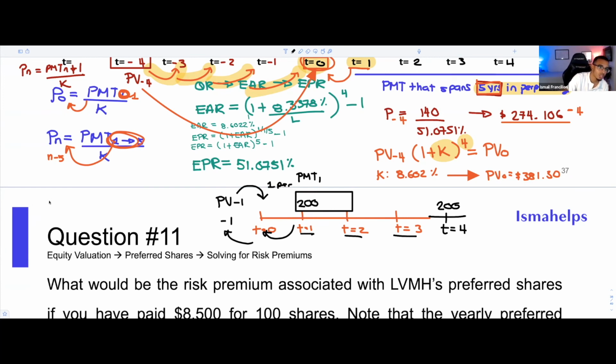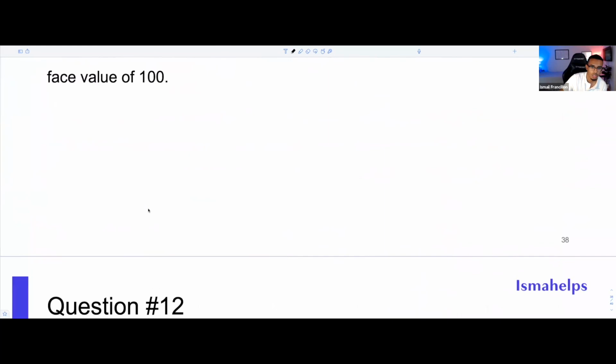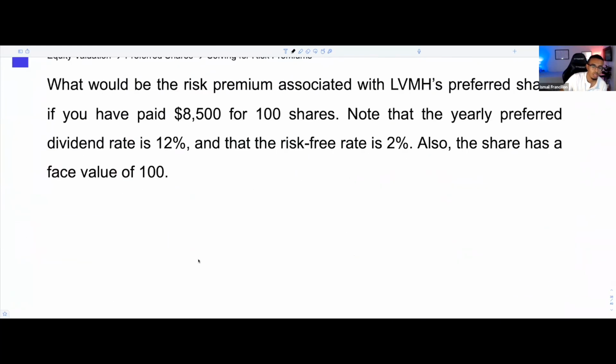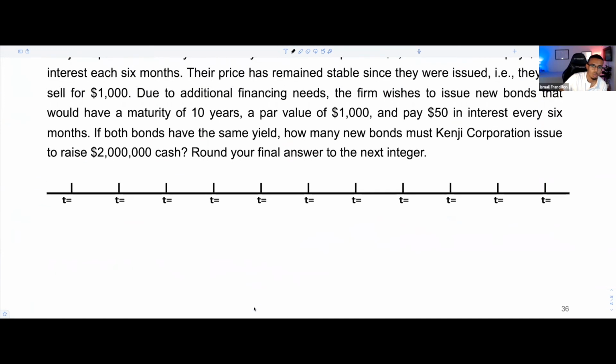Now I'm going to give you guys another example. Let's say that this is 0, 1, 2, 3, 4, 5, 6. Let's say that this is 100, and the payments continue. So let's say that our payment spans 2 years, and we're using the perpetuity formula.